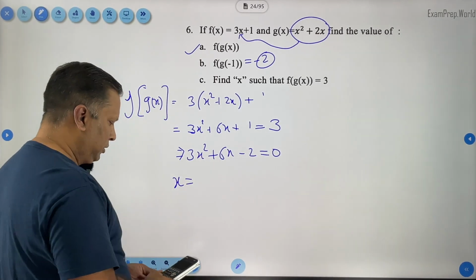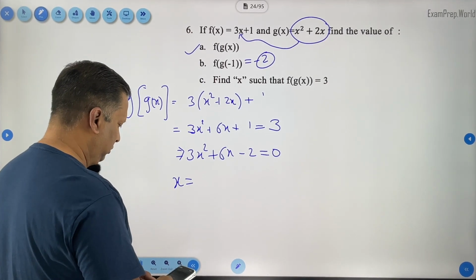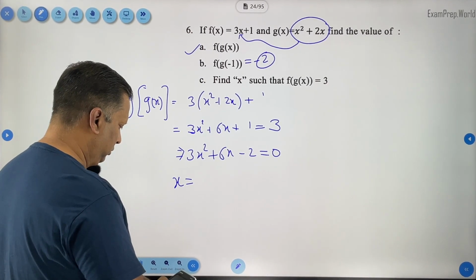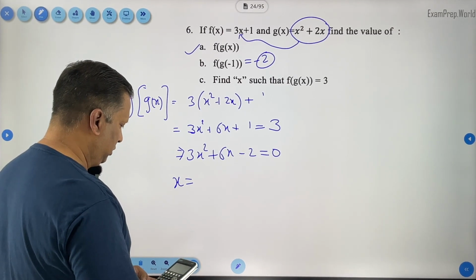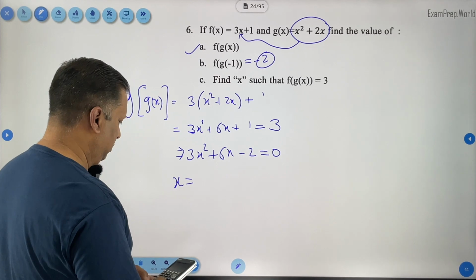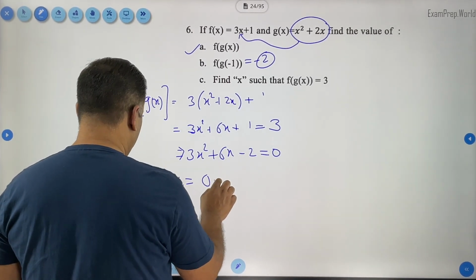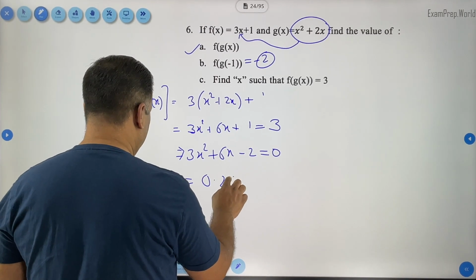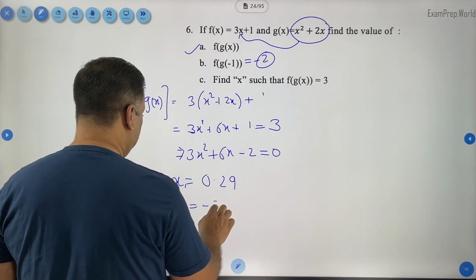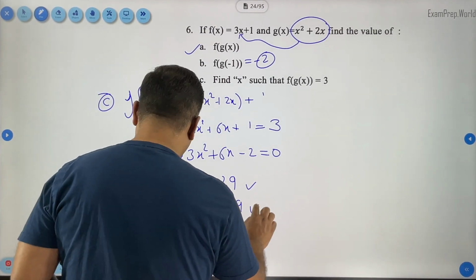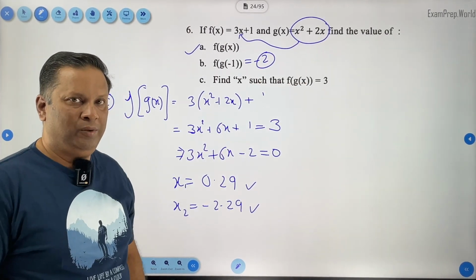So use the quadratic equation with 3, 6 and minus 2. I got two values of x, 0.29 and another x value is minus 2.29. For both the values, f of g of x will be 3.